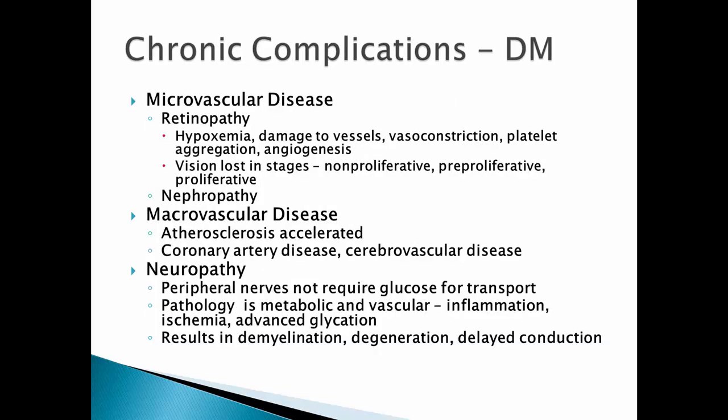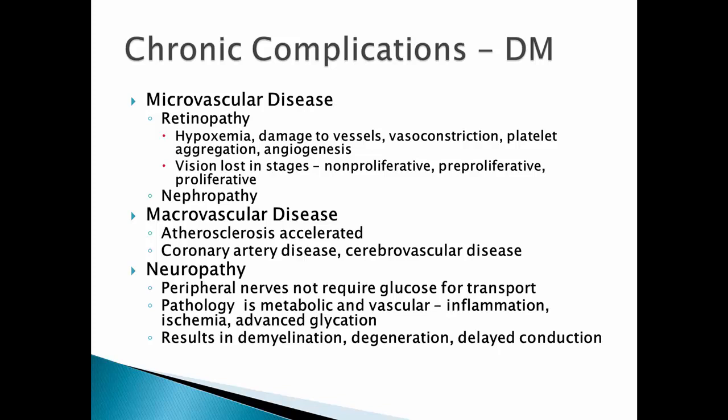What then does this actually look like? Well, the three bigs are microvascular disease, macrovascular disease, and neuropathy. The two most common and troubling sites of the microvascular disease are in the retinas as well as in the kidneys. Now, we already talked about what happens in the kidneys, so let's talk about the retinas.